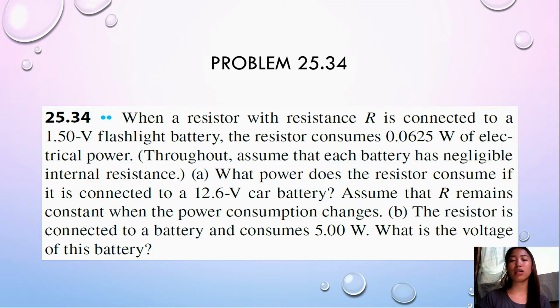Assume that each battery has negligible internal resistance. What power does a resistor consume if it is connected to a 12.6 volt car battery? Assume that R remains constant when the power consumption changes. The resistor is connected to a battery and consumes 5 watts. What is the voltage of this battery?